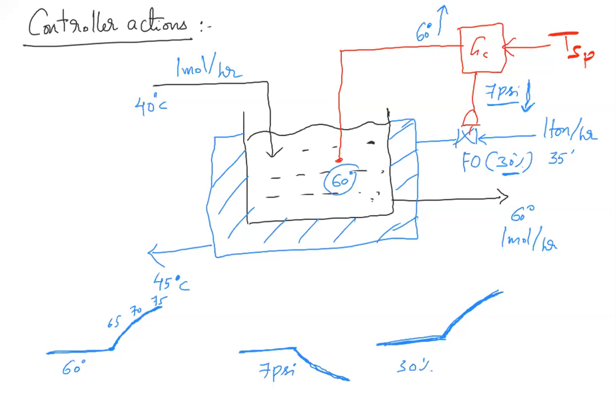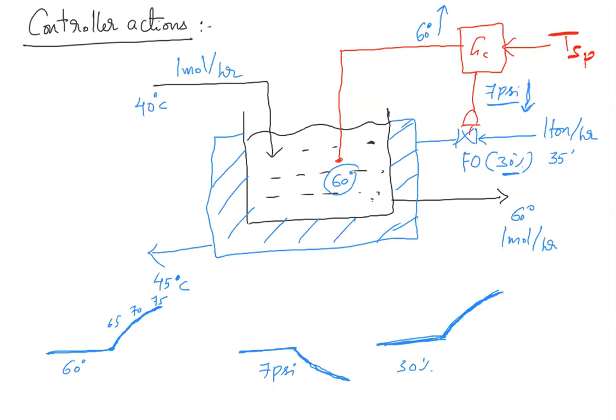Now to open the control valve, my action is I have to decrease the pressure signal, because the control valve sitting there is air to close type. If I'm acting as the controller and I see 65, I'll give a pressure signal of 5 psi. Because 7 psi corresponds to 30% opening, 5 psi will correspond to 35% opening.